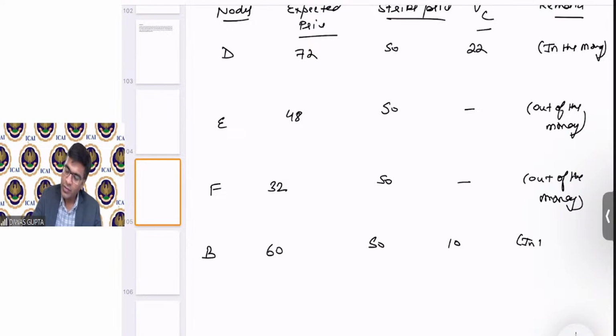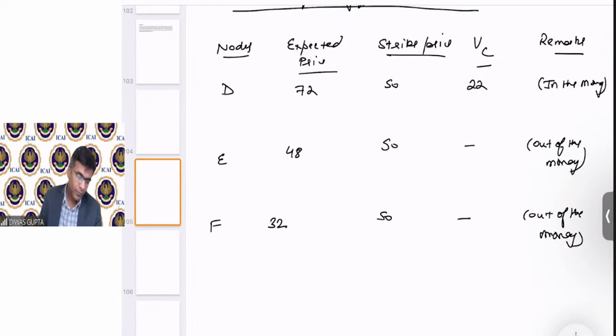Only D was dependent on this calculation. E was also dependent on this calculation, and similarly F was also dependent on this calculation. So hence we have actually done like this. So for B, 22 is the value of call with the probability of 65% plus 0, which is at E, which is the value of call, right? It has a probability of 35%.